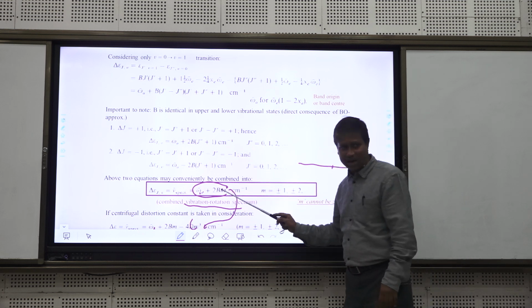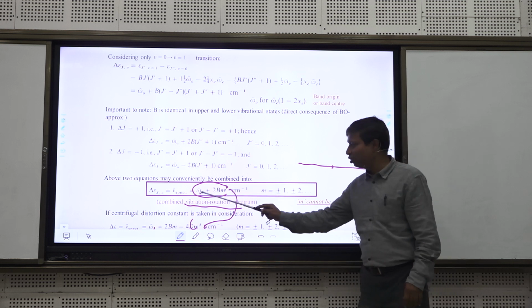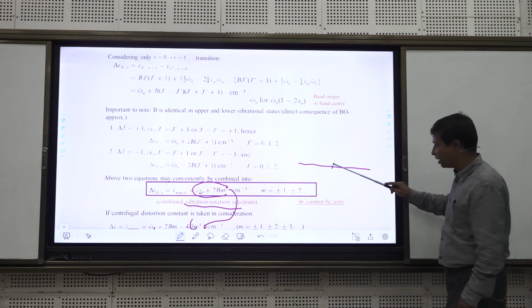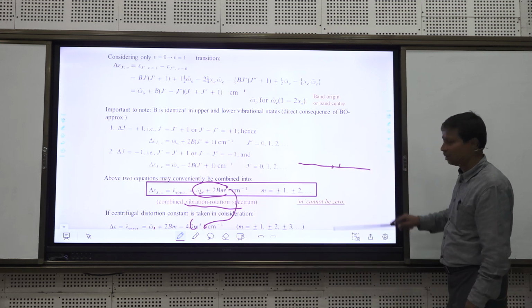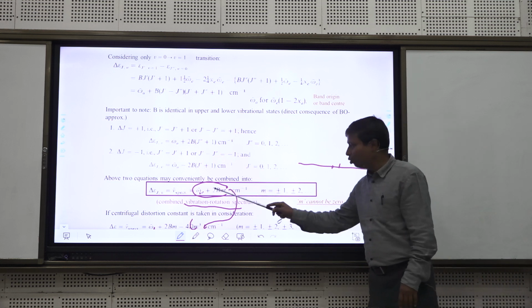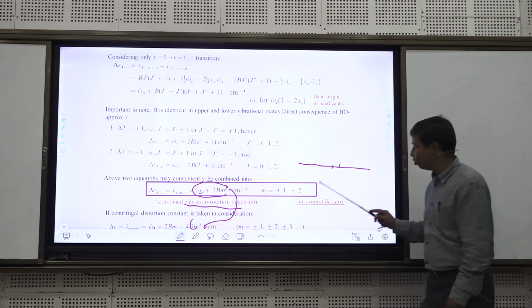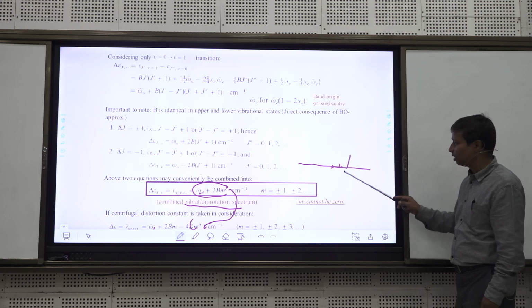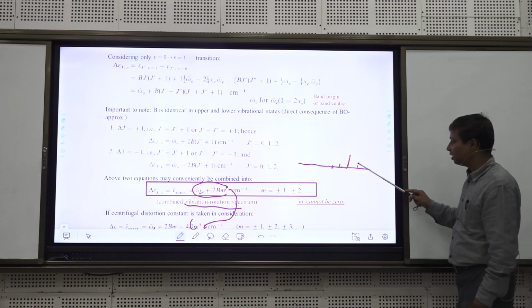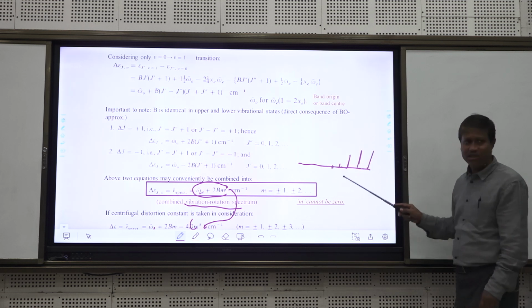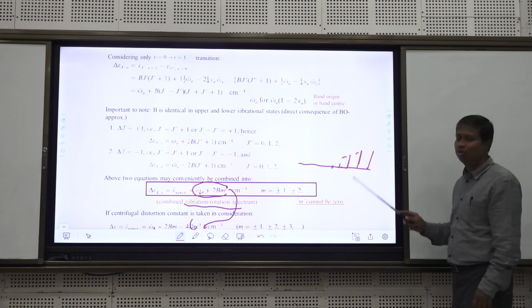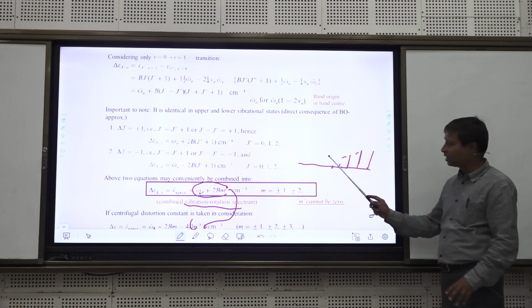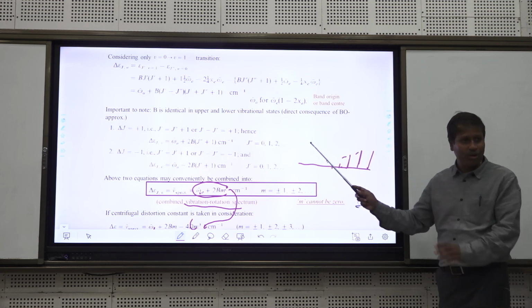M equal to plus 1 gives omega 0 plus 2b, then omega 0 plus 4b, then omega 0 plus 6b, here. That means these lines are spaced 2b, 2b, 2b. That side also, minus 2b, 2b, 2b.